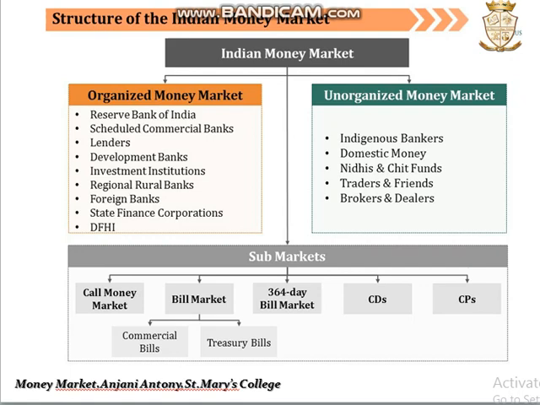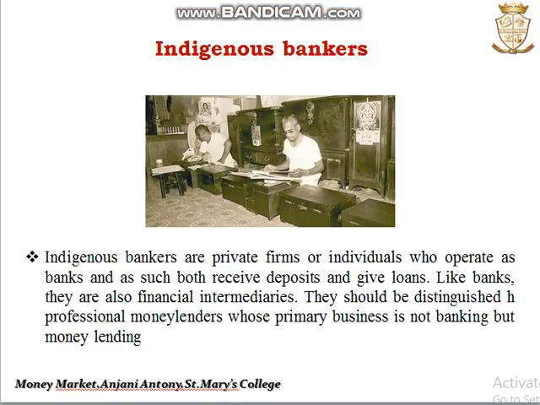And sub-market is the combination of call money market, bill market, 364-day bill market, CDs, CPs, etc. And bill market is again divided into commercial bills and treasury bills. Indigenous bankers operate as banks, which means that they receive deposits and give loans.